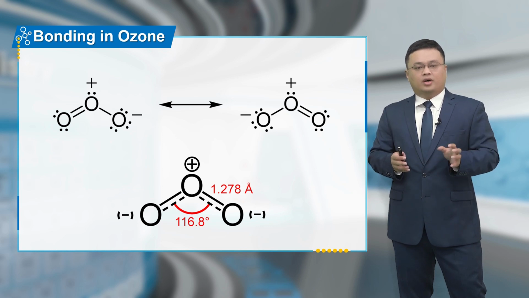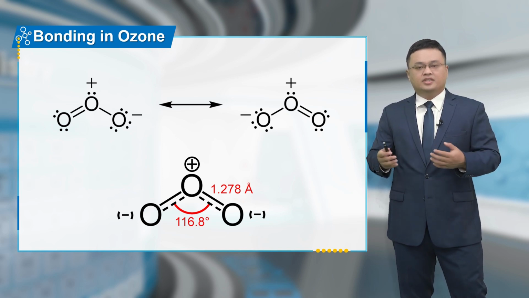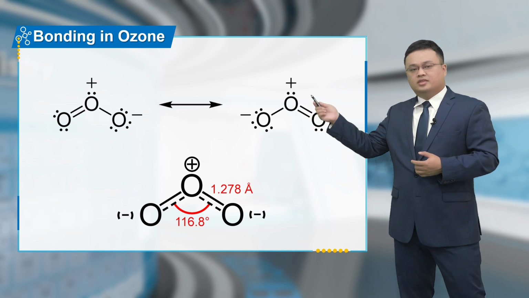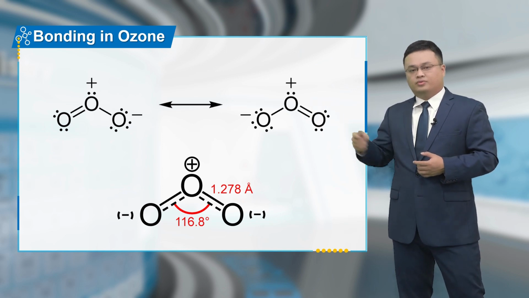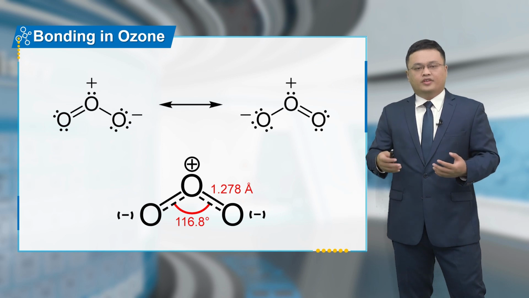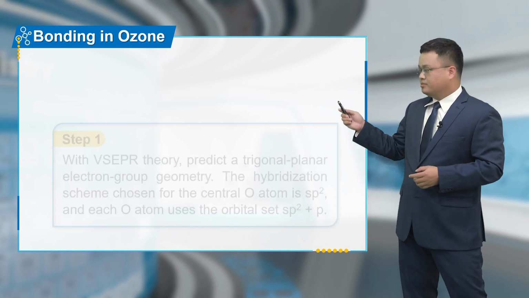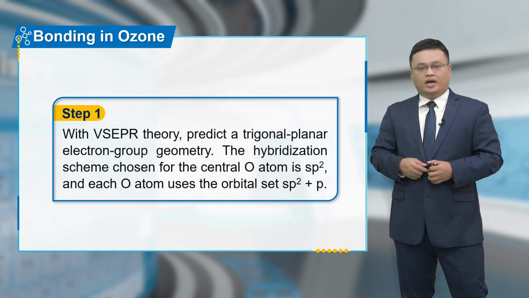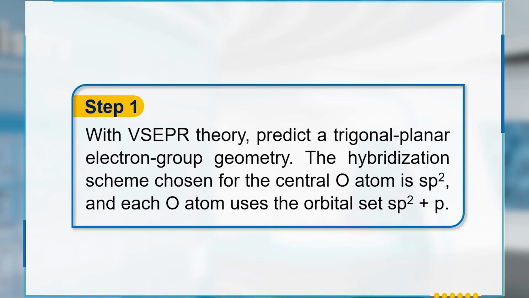Consider the ozone molecule, O3, that we used to introduce the concept of resonance in the last chapter. This is the resonance structure of ozone. How do we find the real arrangement of the electron distribution in the ozone structure? We can follow these steps. Step 1. With VSEPR theory, we predict a trigonal-planar electron group geometry.